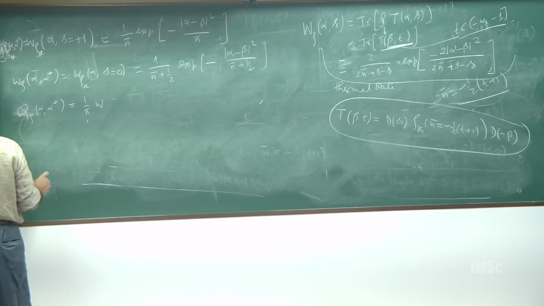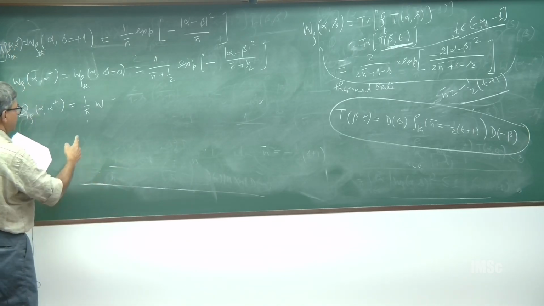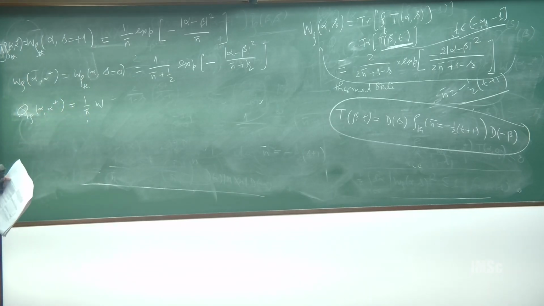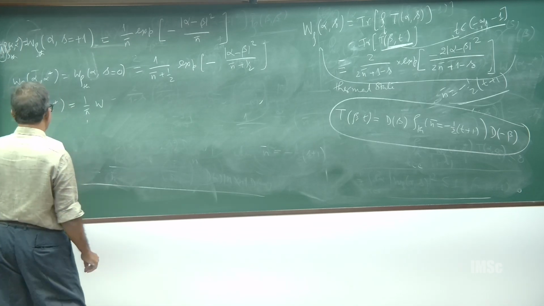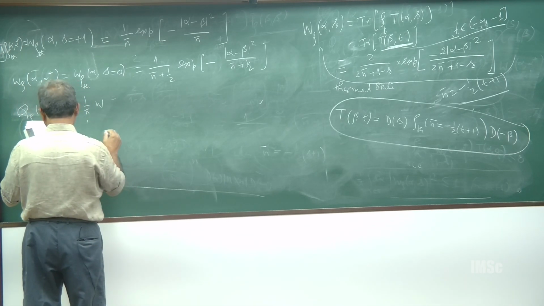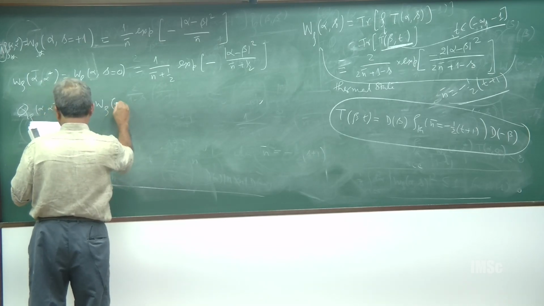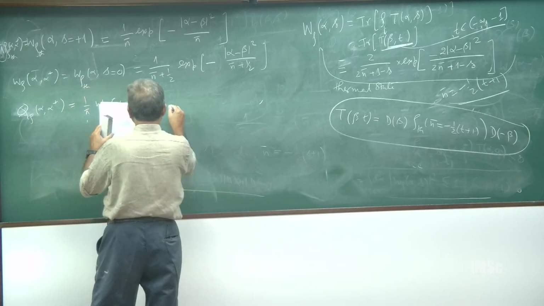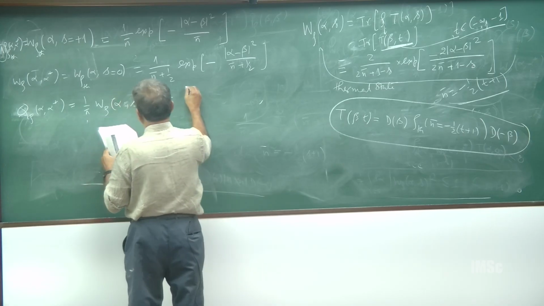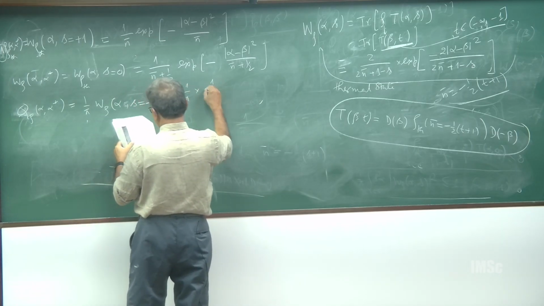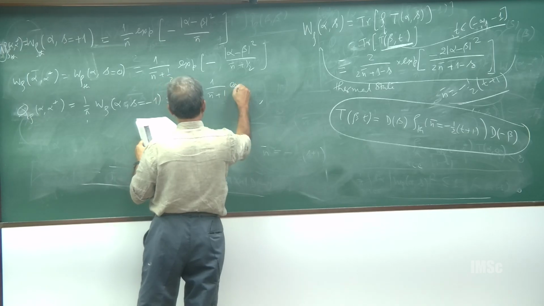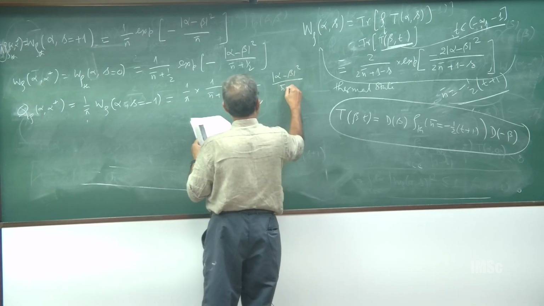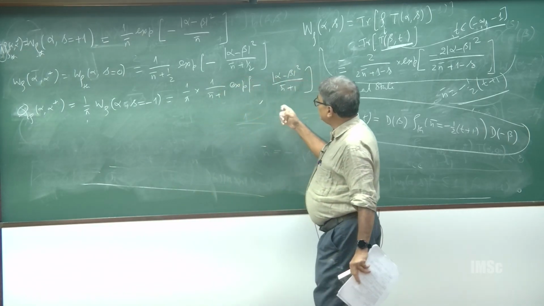I think in this paper, in the unit I am using, there is a problem in this factor 1 upon pi, but that can be figured out, it is not difficult. So, this is your W of alpha with s equal to minus 1, and this is equal to 1 upon pi into 1 by n bar plus 1, exponential of minus alpha minus beta whole square divided by n bar plus 1. Again this is Gaussian.